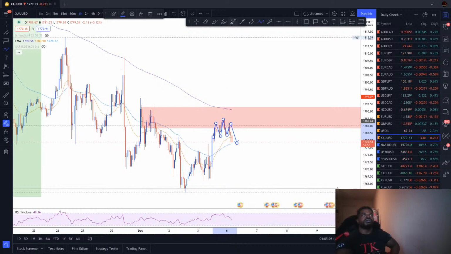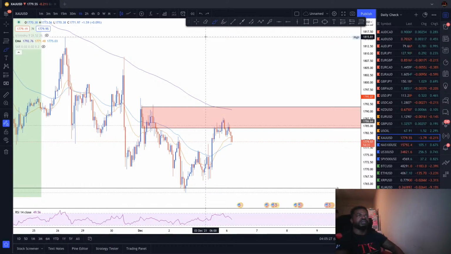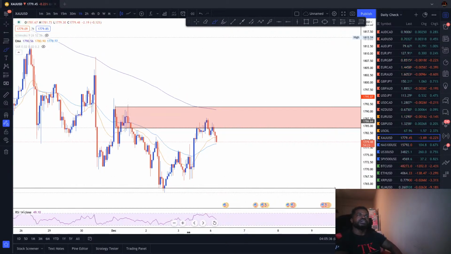So if we get a close beneath this level, which is our neckline, there's a chance you can see a pullback to retest the neckline, then a move further to the downside. But those are possibilities based off of repeatable patterns that we use, and the head and shoulders is one of those patterns.